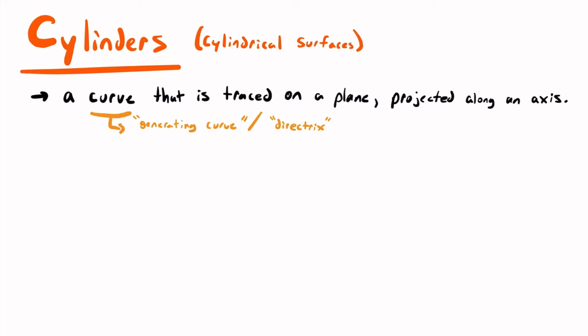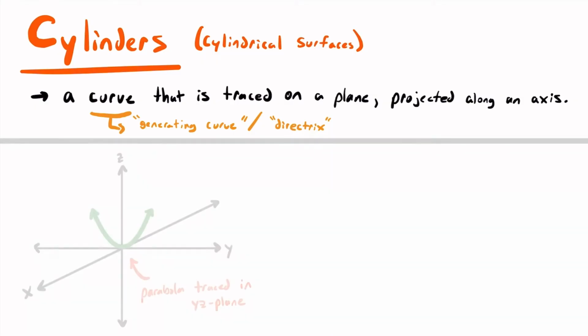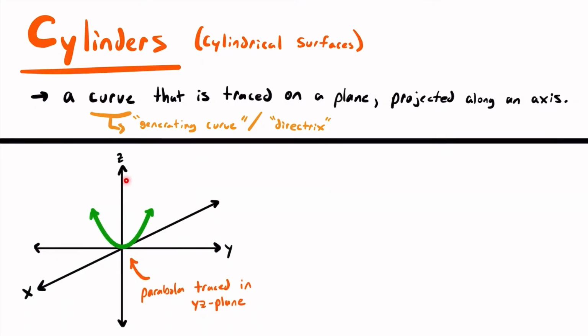What exactly am I talking about here when I say that we have a curve traced in a plane projected along an axis? Well, if we take a look at this three-dimensional coordinate system here, we have our x, y, and z axes. And in the YZ plane, so that is the plane formed by the y-axis and z-axis, I have the trace of a parabola, or the graph of a parabola.